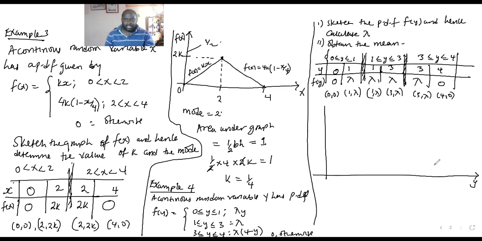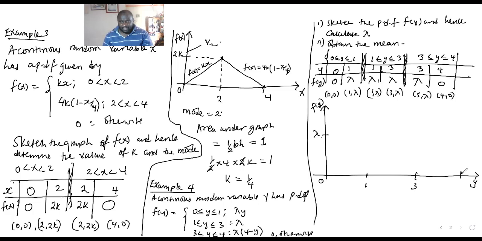So this is y, this is f of y. When you look at our functions, they are all linear. The first one is a positive gradient up to when y is lambda. F of y, sorry, is lambda. So that occurs between 0 and 1. Then we have 1 and 3.